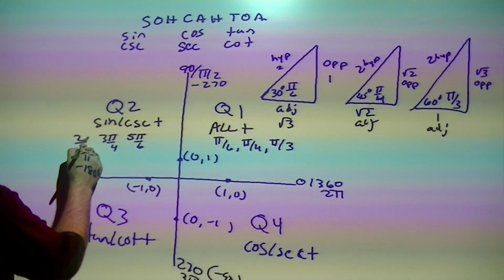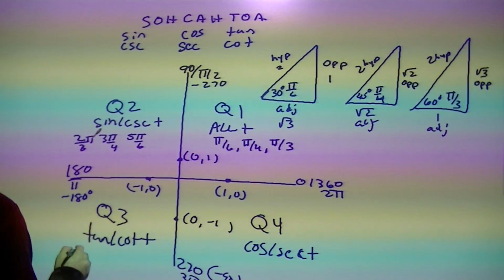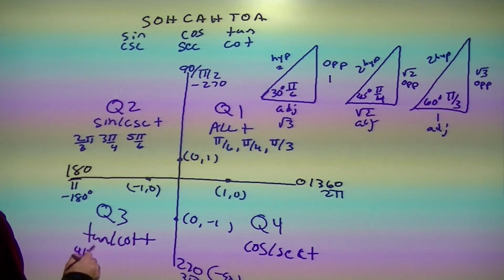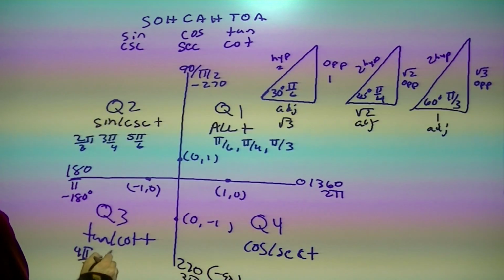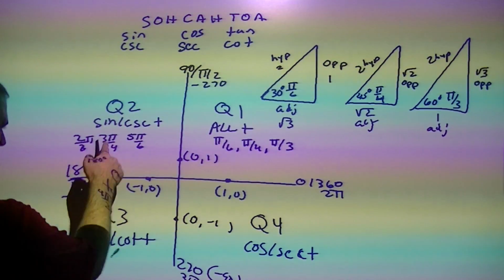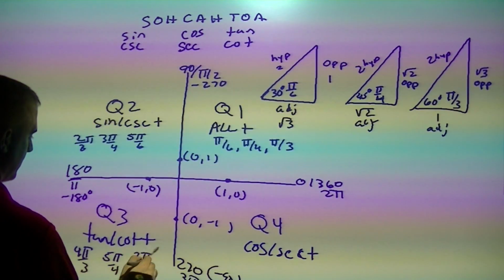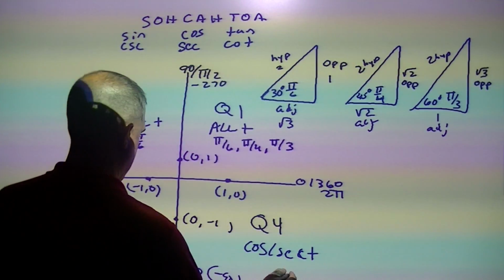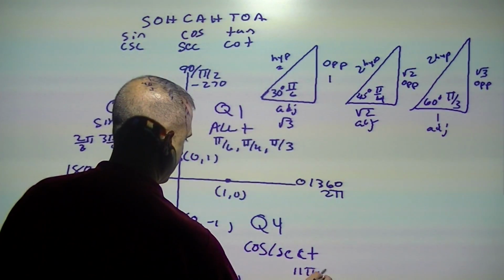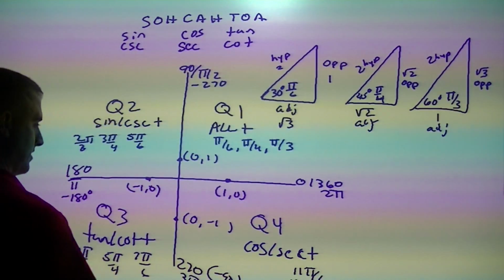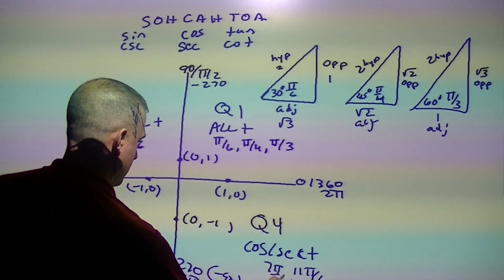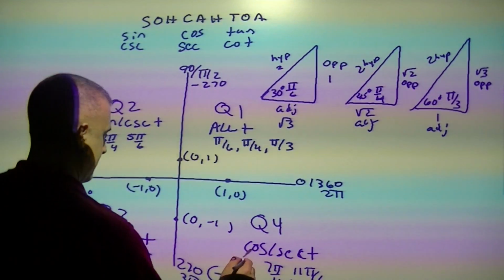And I know this is 2 pi over 3. Okay, this will be 4 pi over 3. The 4th one will be 5 pi over 4. And I know 7 pi over 6. This one, 11 pi over 6. 7 pi over 4. And 5 pi over 3.